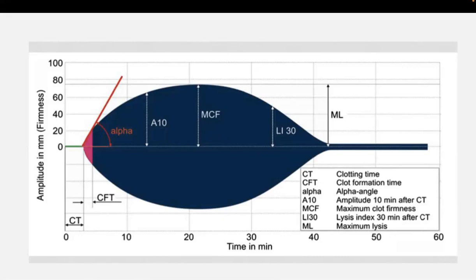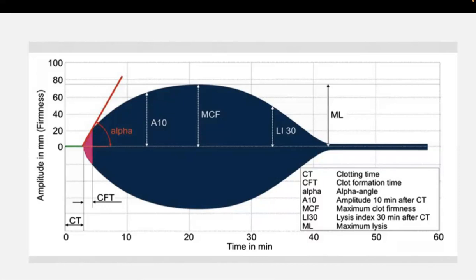Instead of your K time, you get your clot formation time. Your alpha angle remains the same, and then it has 2 more amplitudes, like your amplitude at 10 minutes after your clotting time, just 1 extra one. Your maximum amplitude correlates with your maximum clot firmness, your MCF.